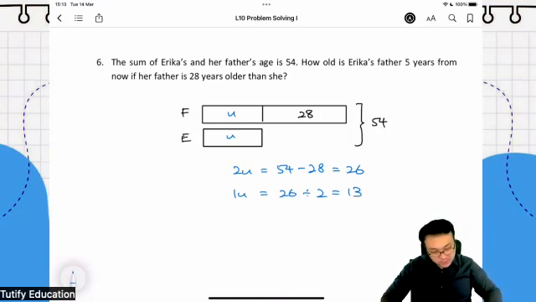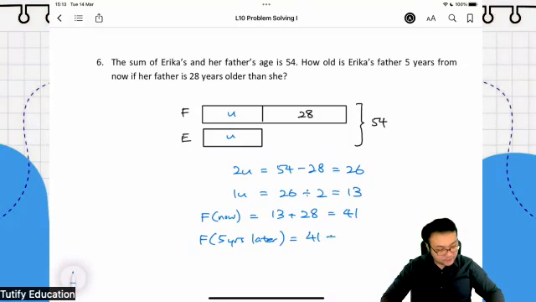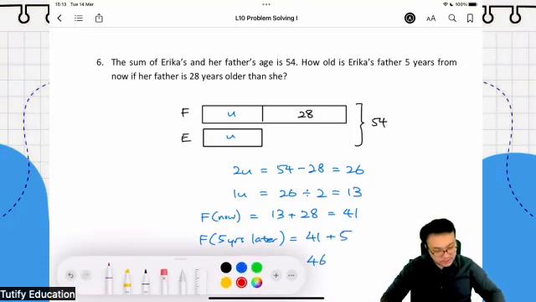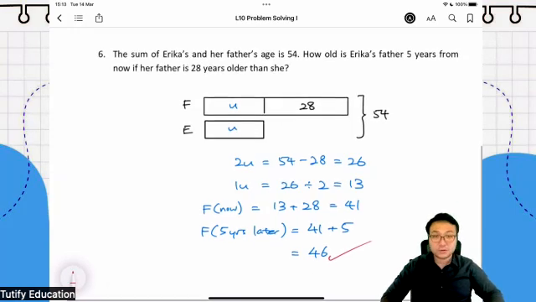Okay, let's say you want to find the father's age now. The father's age now is 1 unit plus 28. If you want to find the father's age 5 years later, then you just need to add 5. There you go, 46 years old.